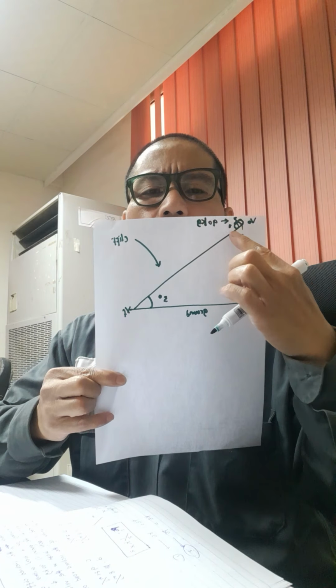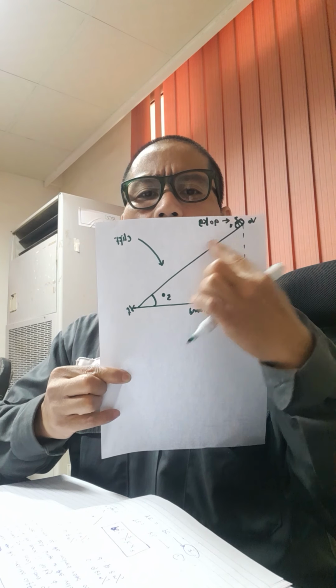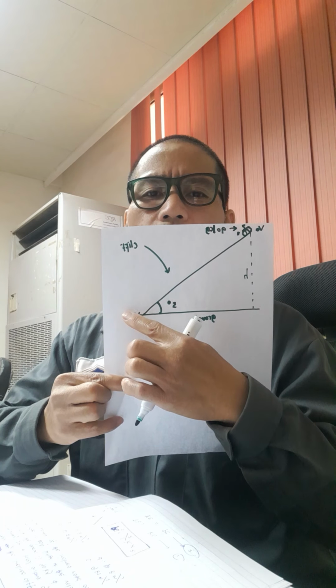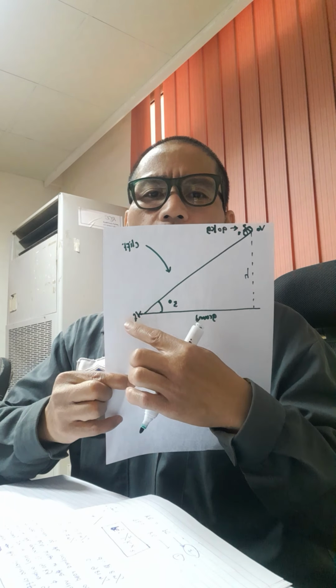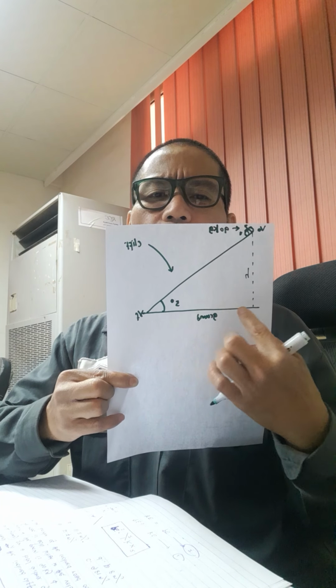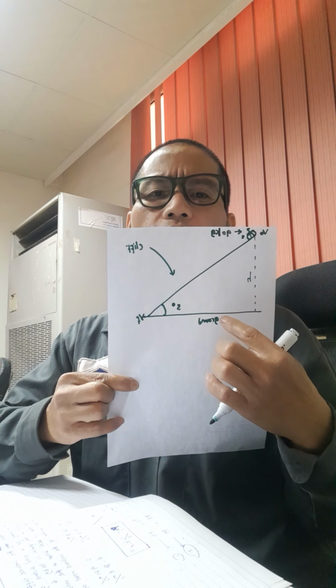So this is the cliff road, the cyclist going downward. So this is the end where he takes the final velocity. Then the angle is 5 degrees, and we have the ground and we have the cliff, like that.